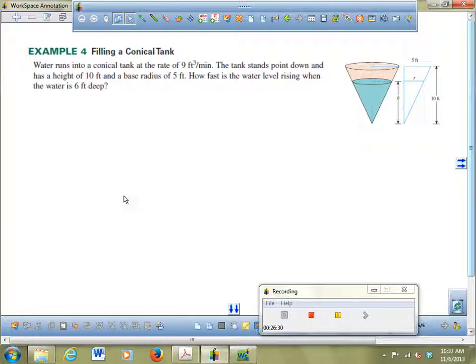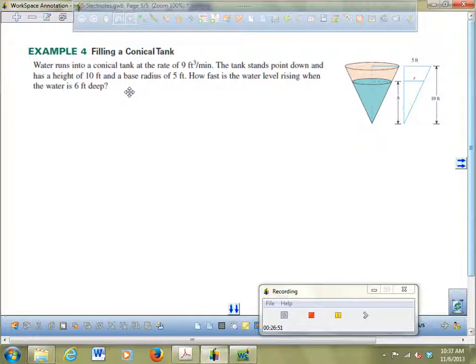Yes, sir. What is a conical tank? Who has a conical tank? The water cooler. Never seen that in a cone. Like the office, the cups. Oh, like at the golf course. At the golf course. Well, they're starting with a simple problem, but there's cylindrical tanks, a lot of cylindrical tanks, right?